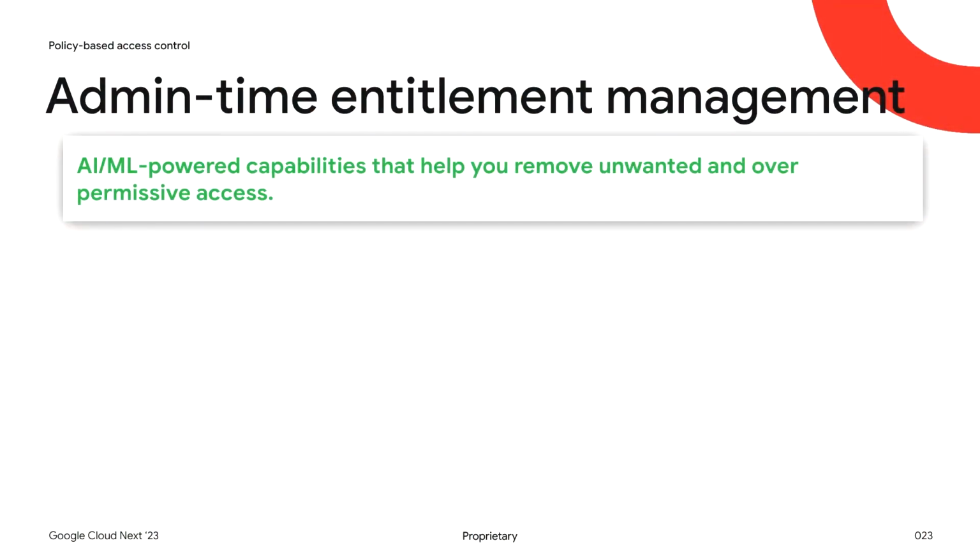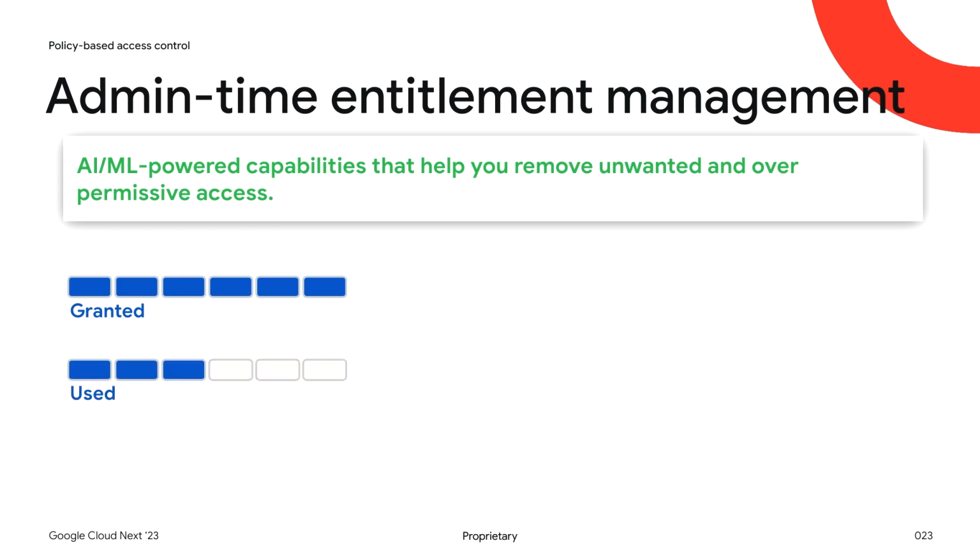So at Google, we have an AI ML-powered capability called IAM Role Recommender that helps you do just that. And we had AI in IAM Role Recommender even before it was cooler to say AI in every sentence. But the way IAM Role Recommender works is, let's say you have a set of permissions that have been granted to you. Over a period of time, you tend to use only a few of those permissions, so maybe you're using half of those.